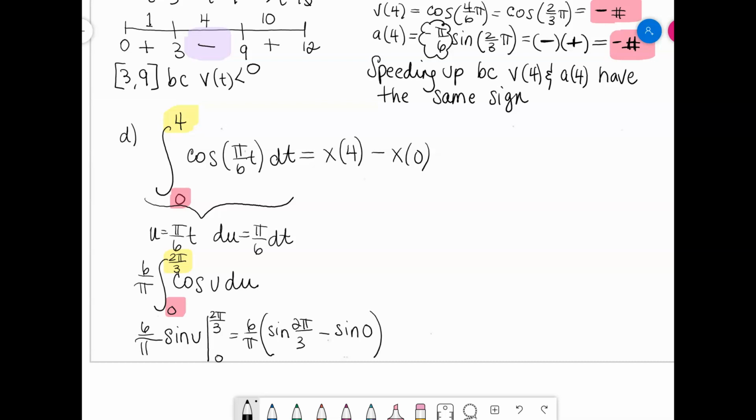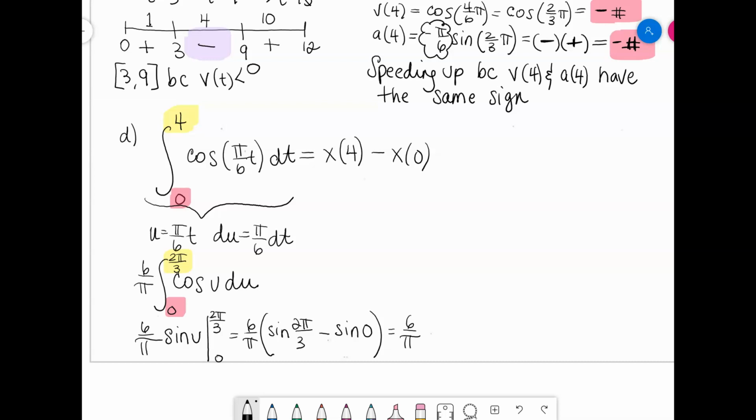So that's going to give you the integrated amount of change there. So that's going to be 6 over pi sine of 2 pi over 3. Sine of 2 pi over 3 is like saying the sine of 120. So the sine of 120 is the same as sine of 60. Sine of 60, if you remember, is rad 3 over 2.